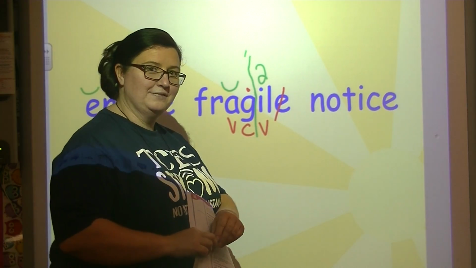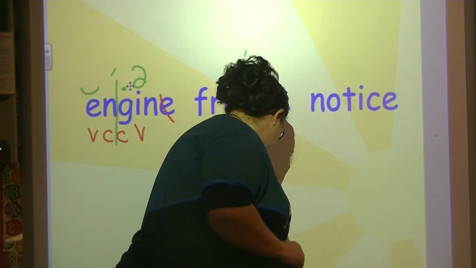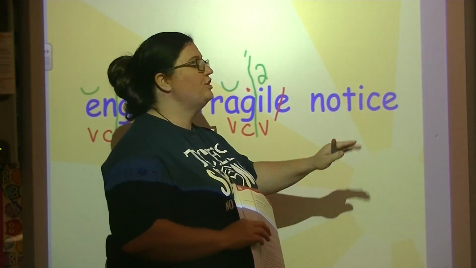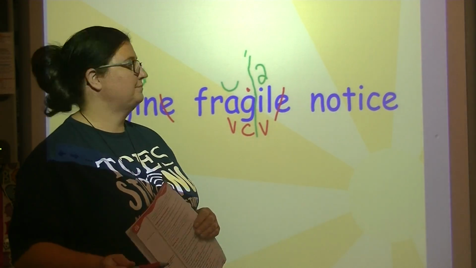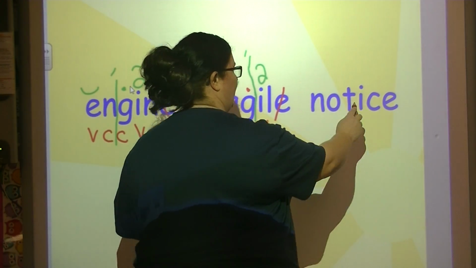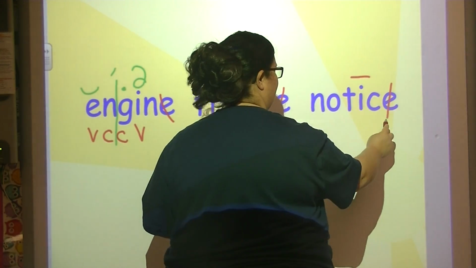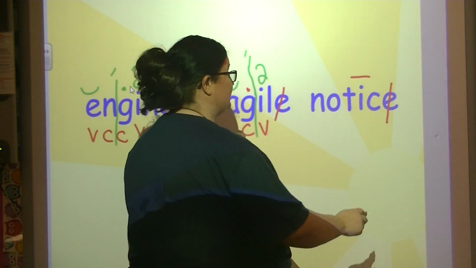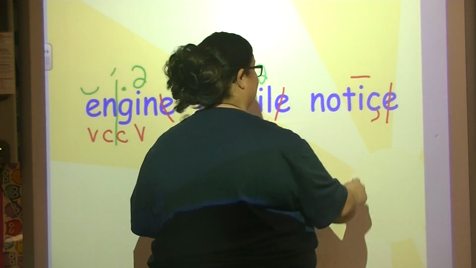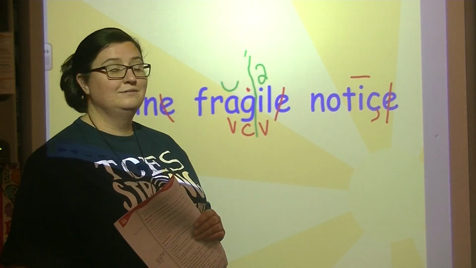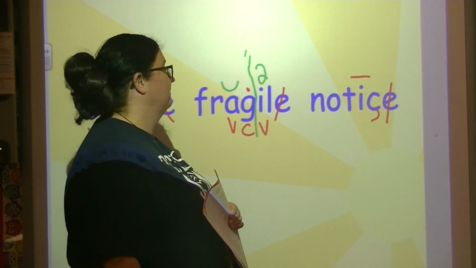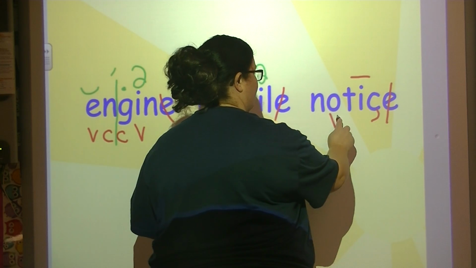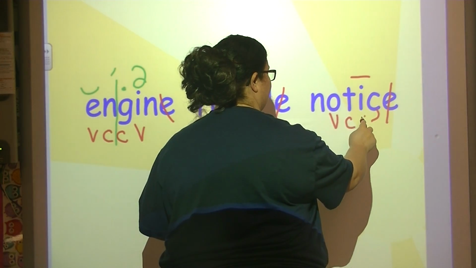All right, let's try this one. See what happens with this. What do you already see? E. What is this? It's a soft C. It needs a cedilla. All right, what else? Vowel, consonant, vowel.